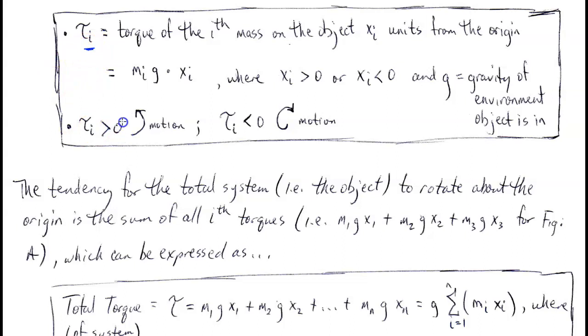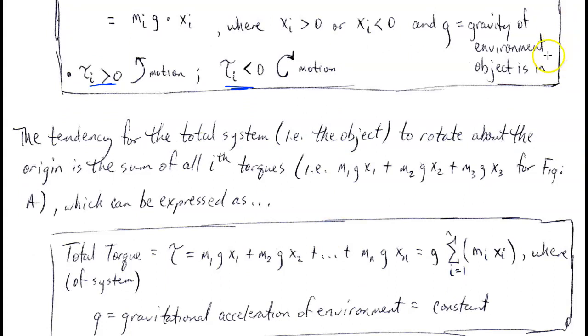Again, if I go in a counterclockwise motion, my torque is considered positive. If I go in a clockwise motion, my torque is considered negative. So the tendency for the total system, in this case the rod we're talking about, to rotate about the origin is the sum of all the torques, which I've talked about before.